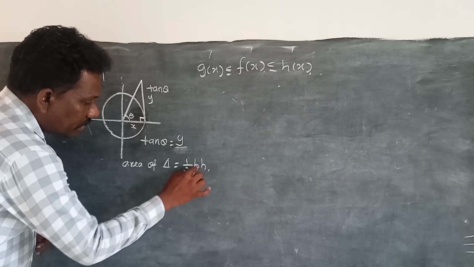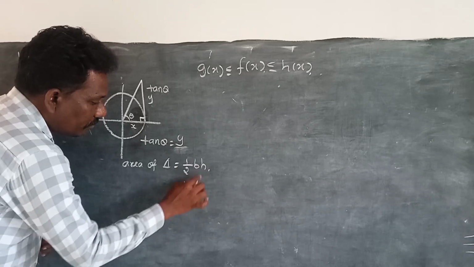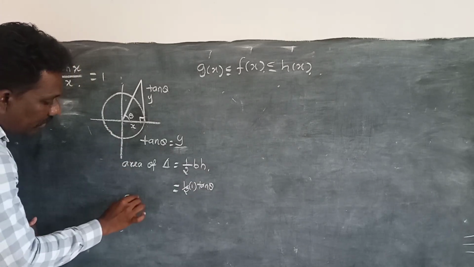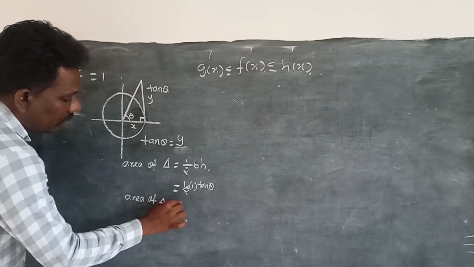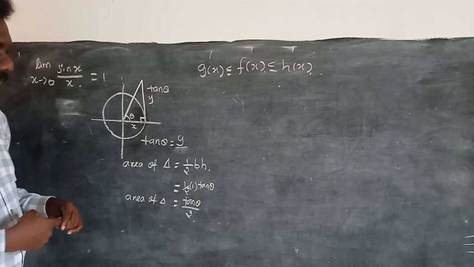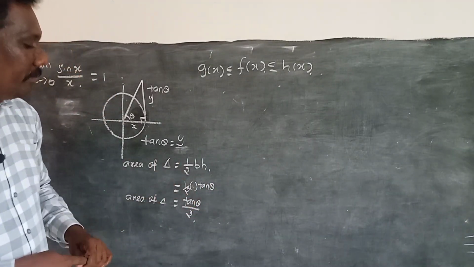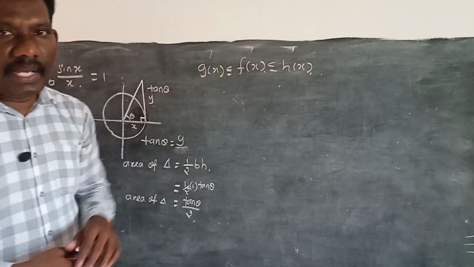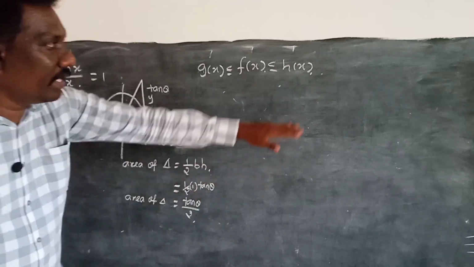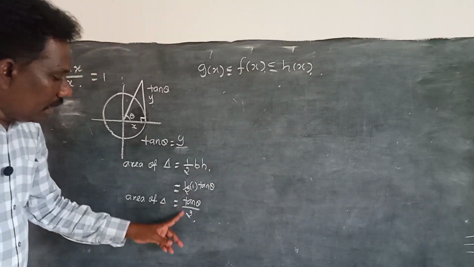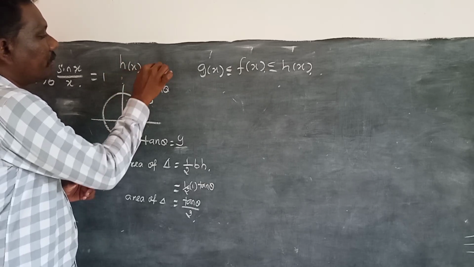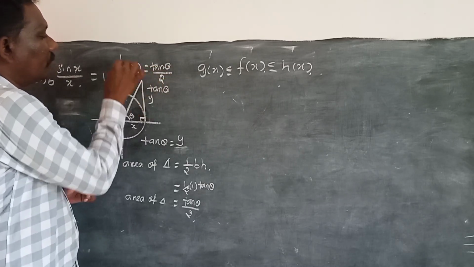So 1 by 2 times 1 times tan theta. So what is the area of the triangle? The area of the triangle is tan theta divided by 2. So tan theta by 2 is my function h of x. So now I have defined the function h of x as tan theta divided by 2.